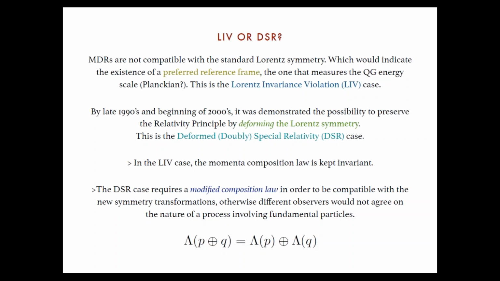Usually, in this scenario of deformed special relativity, to preserve the nature of the vertices of the interactions of particles, it is necessary to consider a modified composition law of momenta, such that all observers would agree about the nature of the conservation laws. This second example preserves the relativity principle.